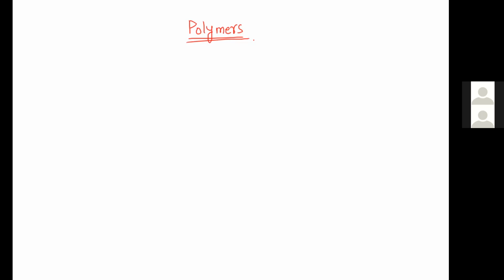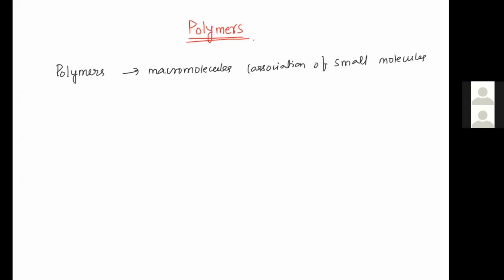So we'll write: polymers are also called macromolecules. So what are these macromolecules? These are association of small molecules to give a bigger molecule.